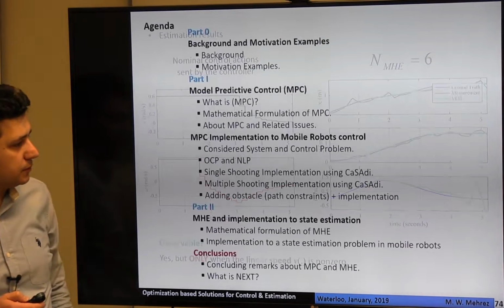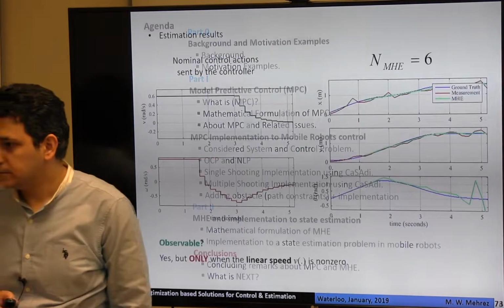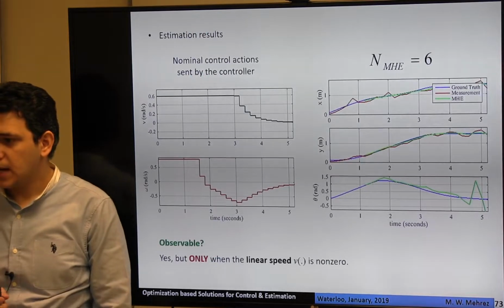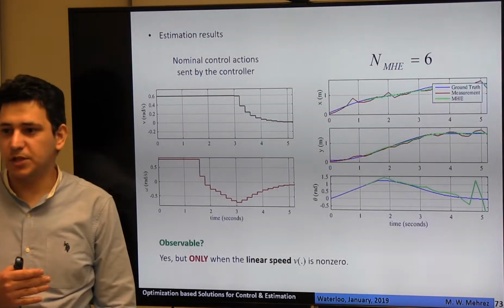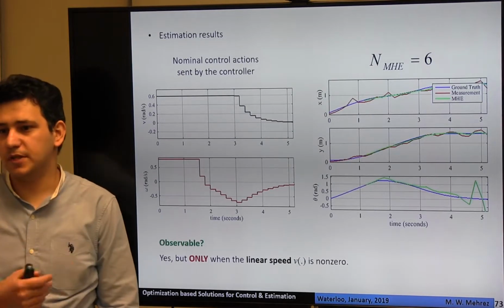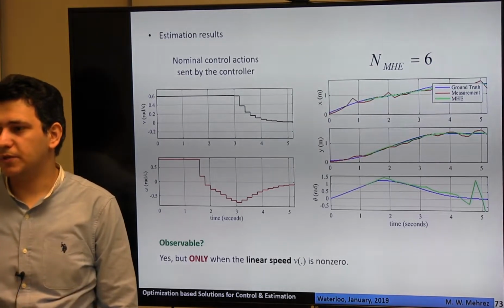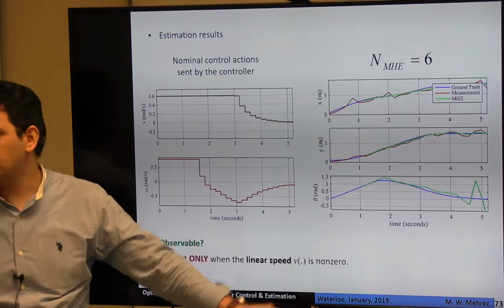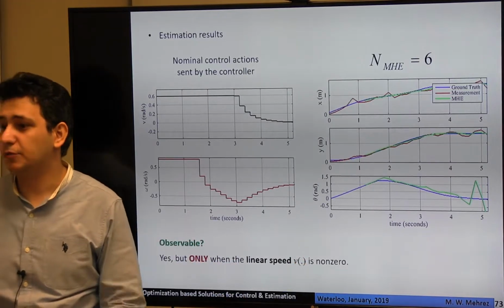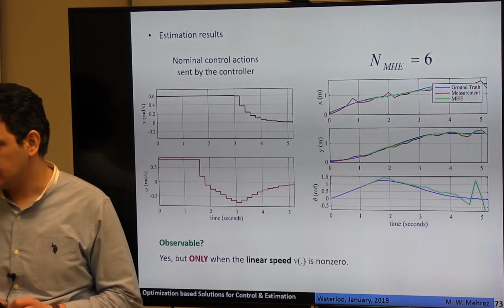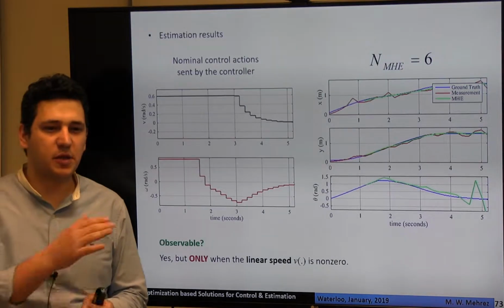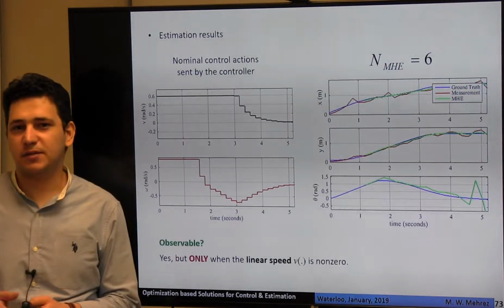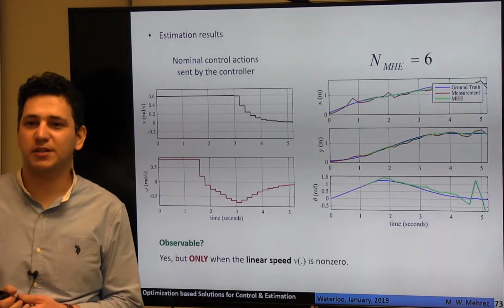Any questions? Is there any way we can improve the performance at the end? It's an observability problem, not actually a problem for MHE. Even an EKF would have the same problem, because we would like our linear speed to be non-zero in order to guarantee full observability of the state. Think of a state estimator in this problem as something that does magic.